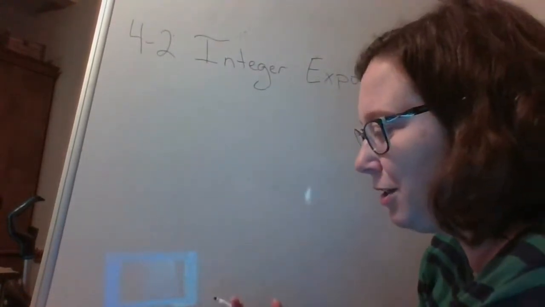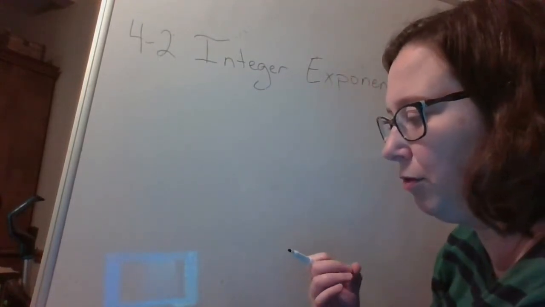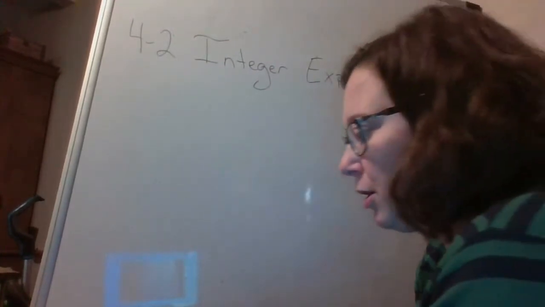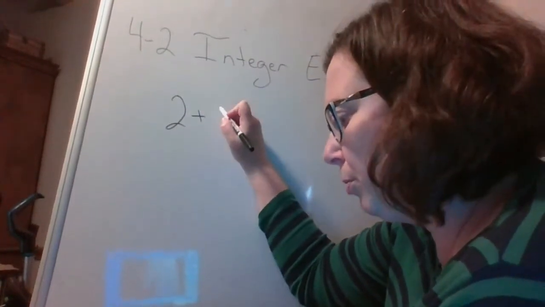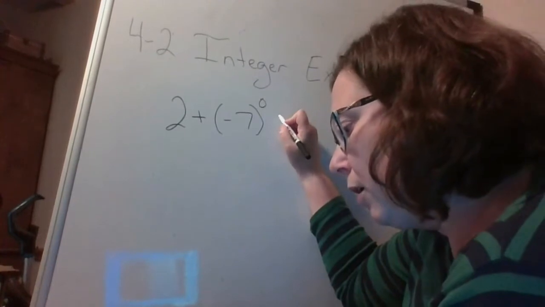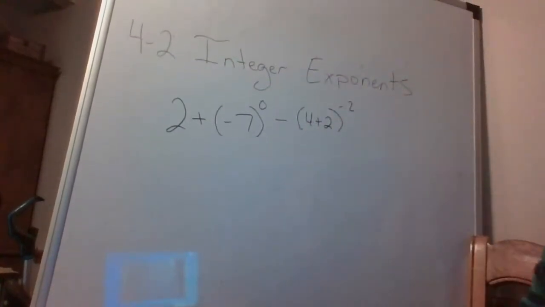So the deal is here, you're going to be given some kind of either algebraic expression or just a numeric expression like this particular example is. We have 2 plus negative 7 to the 0 power minus, there we go.